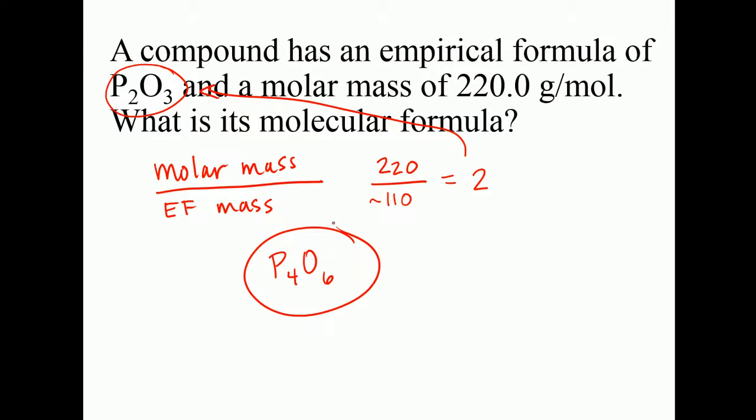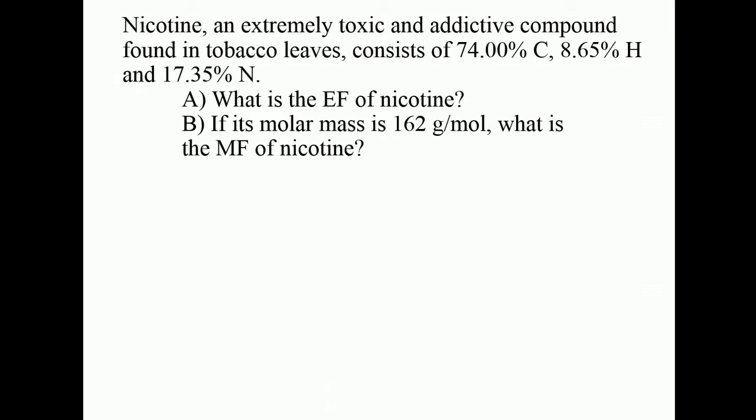So to finish, I'll have you guys split into groups and work through one example of both of these together, a problem that incorporates both the empirical and molecular formula. And then once everybody's finished it, you guys can check it and see how we did. This problem is about nicotine, an extremely toxic and addictive compound found in tobacco leaves. I'm sure you've heard of it.